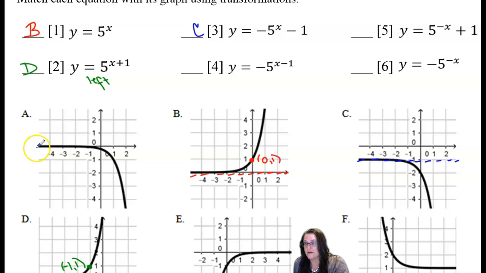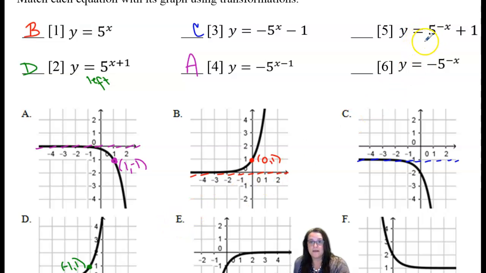So when we look at a graph that meets those criteria, here in A, right, there's our horizontal asymptote along the x-axis, but instead of the function passing through (0, 1), if we reflected it, it would be (0, -1), and shifted 1 to the right, it's at (1, -1). And so graph A would correspond to number 4.